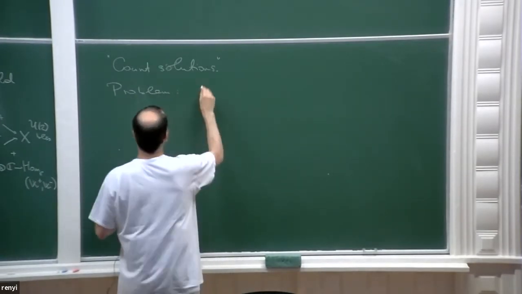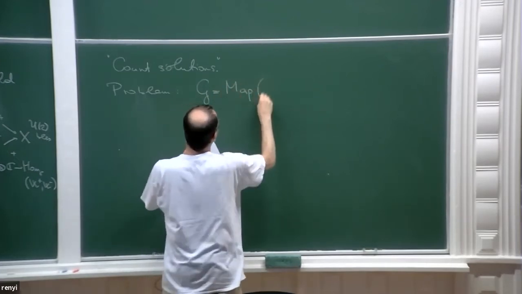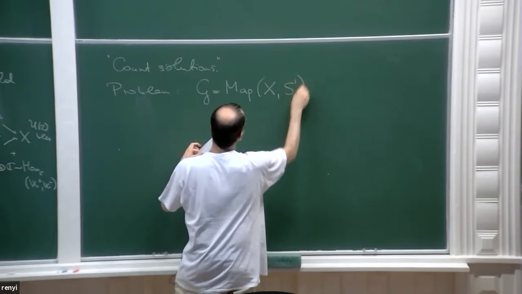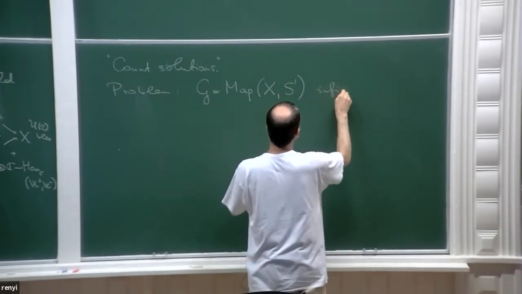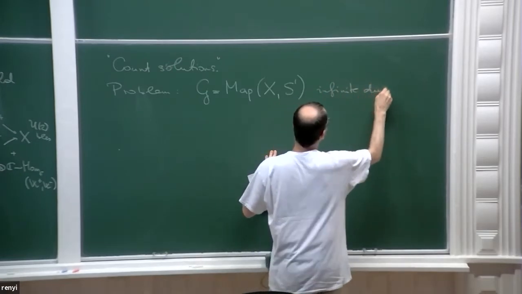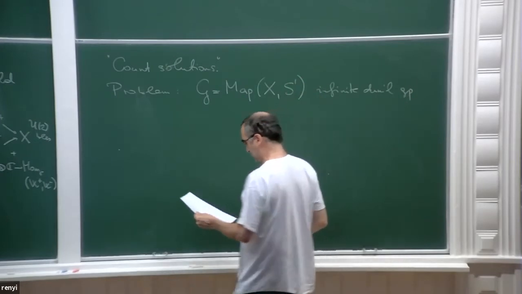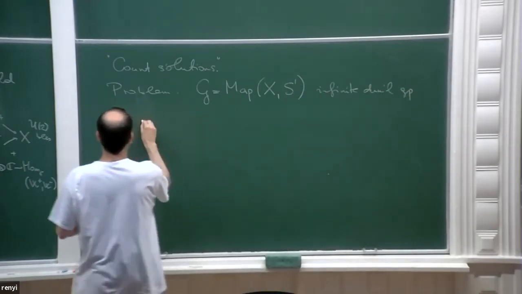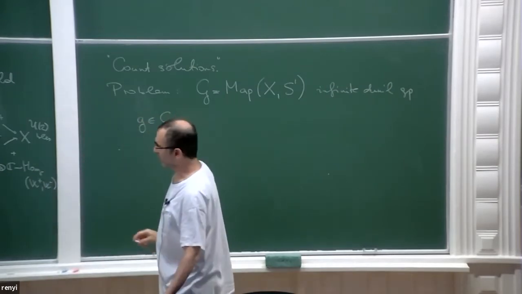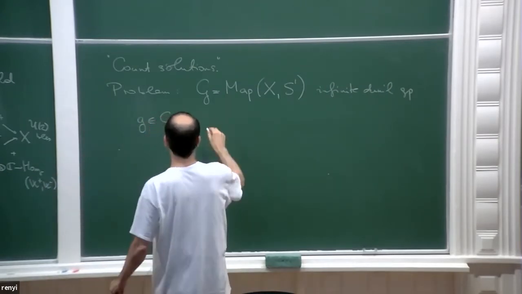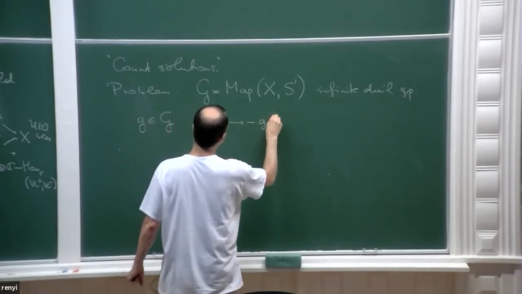So here is a group G, which is just the C infinity maps from our 4-manifold to S1. So again, this is an infinite dimensional group, and the group multiplication is just multiplying the image. Then if we pick an element from that group, we can act with that element on a solution (A, psi). So let's send psi to g times psi.